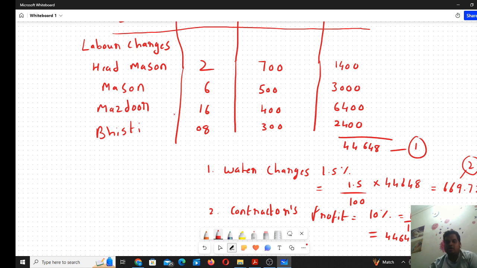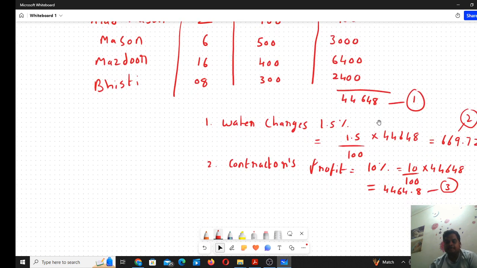The total cost for this 10 m cube of brick masonry will be the summation of 1, 2 and 3. So the total comes out to be 49,782.52. This is the total amount that is required for the casting of this 10 m cube of brick masonry, right. Thank you.